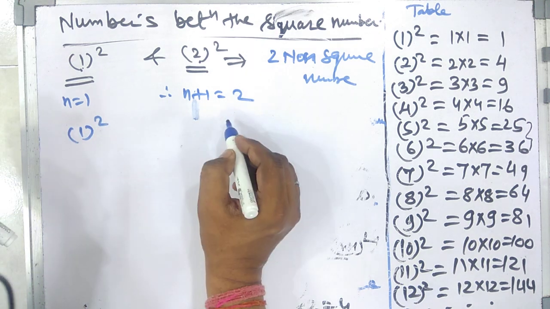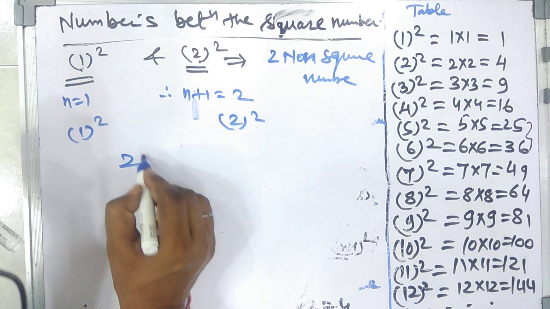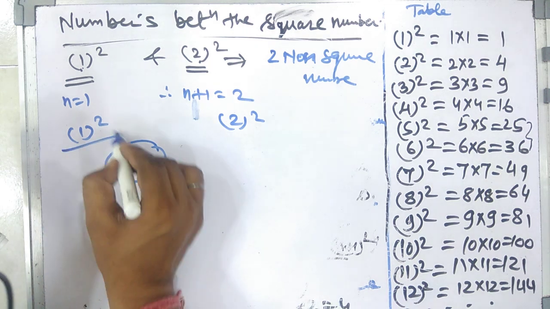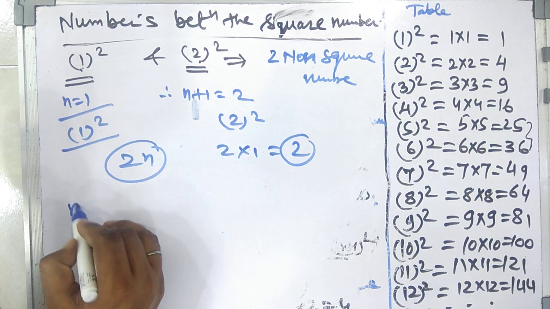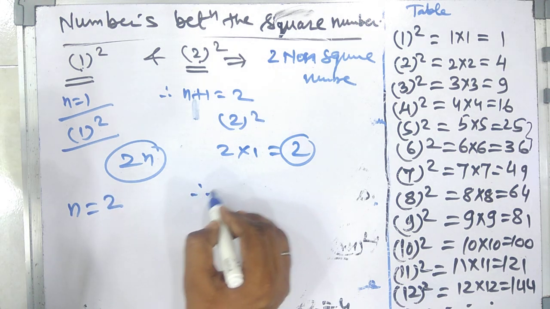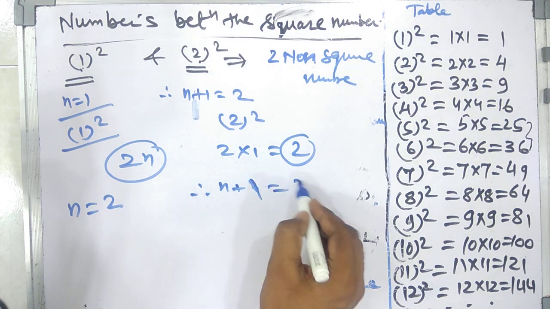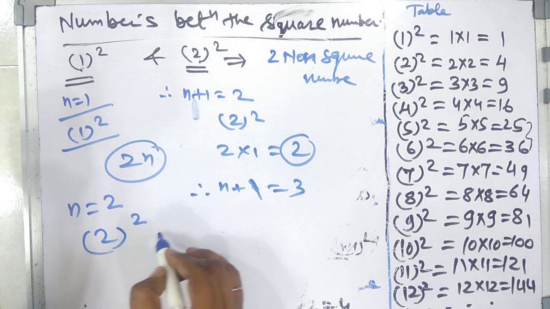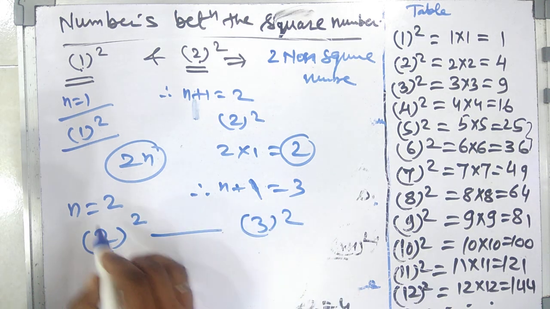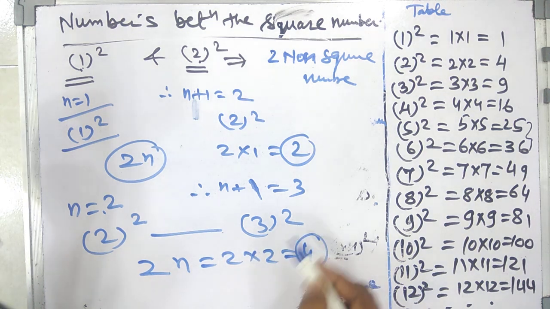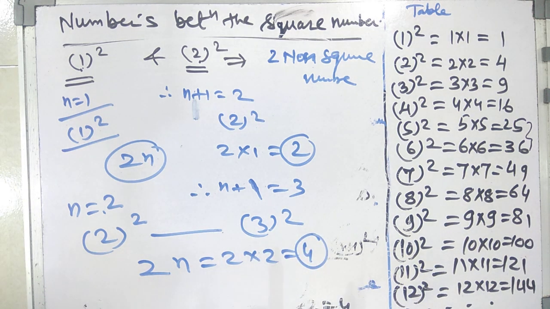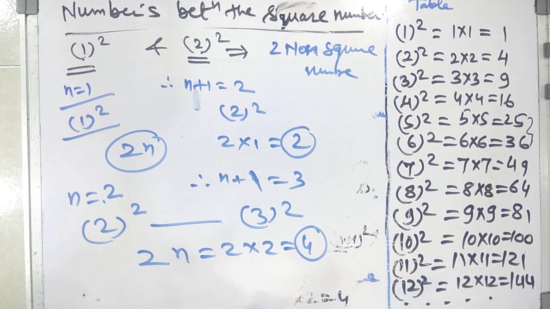It means between 1 square and 2 square, 2n, it means 2 into 1, 2 numbers came. Similarly, n is equal to 2, then n plus 1 is equal to 3. So in between 2 square and 3 square, 2n, it means 2 into 2, 4 non-square numbers. And in the same way, students, n is equal to 3, then n plus 1 is equal to 4.